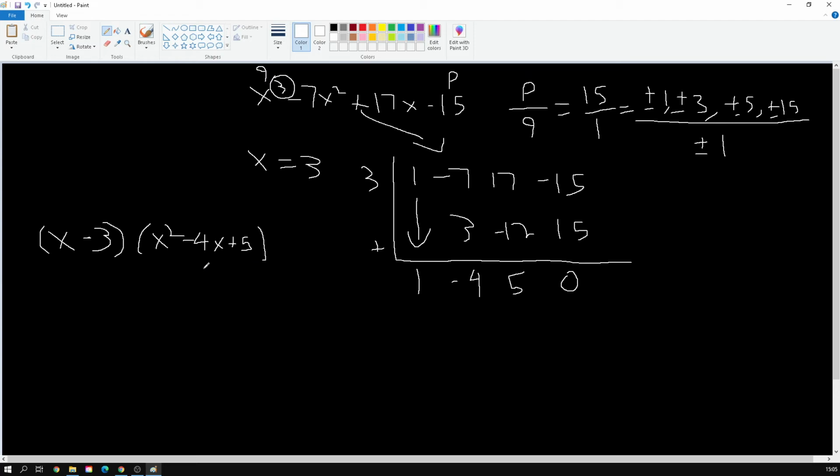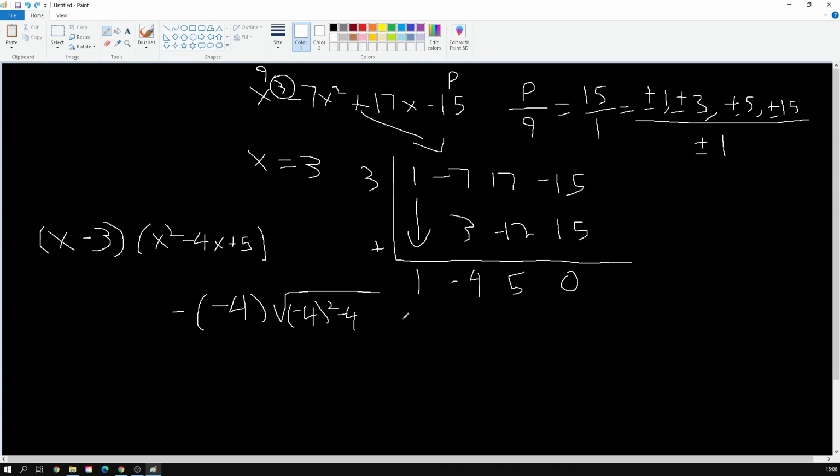So now to find the rest of our zeros, we use the quadratic formula with this quadratic function right here. So we can write this as negative, negative 4, then negative 4 squared minus 4 times a, which is 1, my bad.